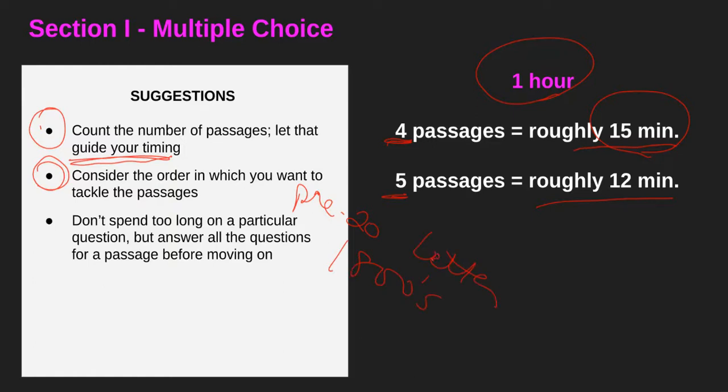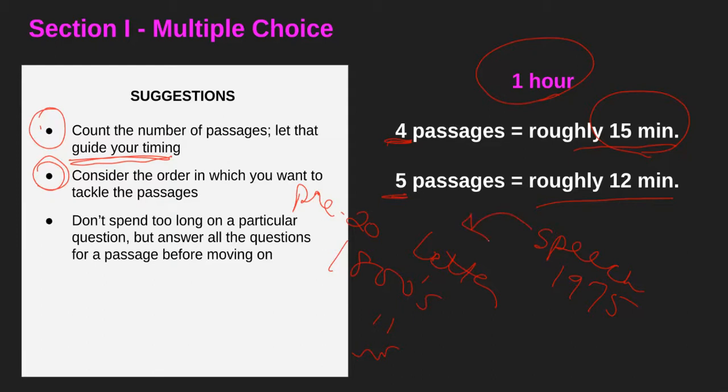Well, maybe letters from the 1800s are not your forte, right? That's okay. You don't have to start with that passage. Maybe the next passage is a speech from 1975, and you feel more comfortable with that language. Go ahead and start with that passage, answer all of the questions for that passage, and then keep going.